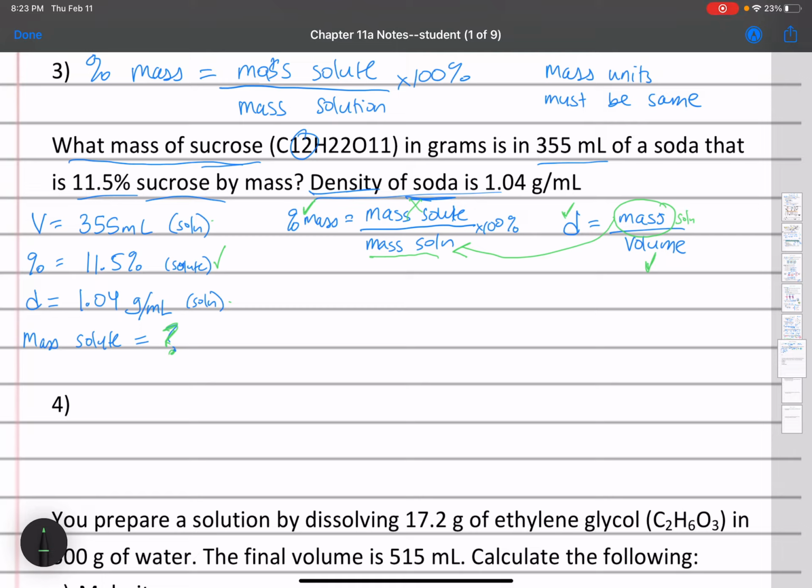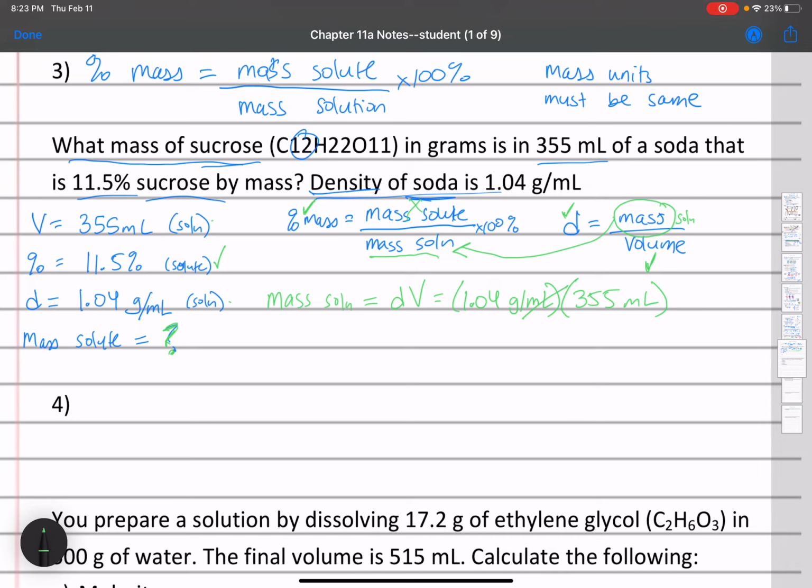I'm going to start with the density formula, and I'm going to solve for the mass of the solution. So I'm just rearranging that equation. The mass of the solution is equal to density times volume. The density is 1.04 grams per milliliter, and the volume is 355 milliliters.